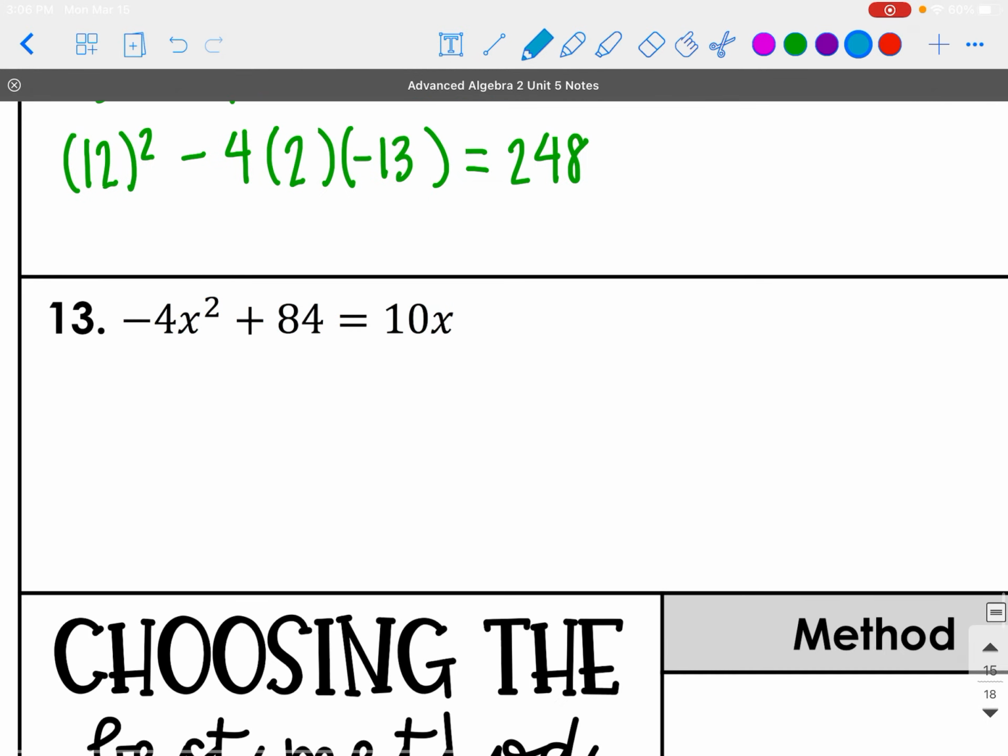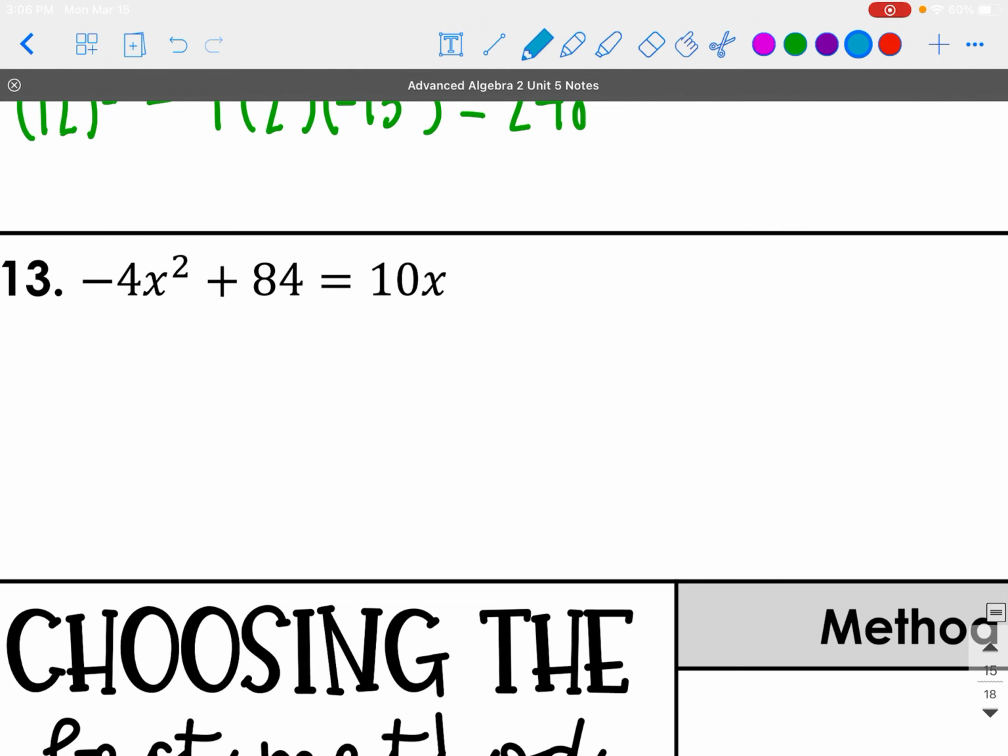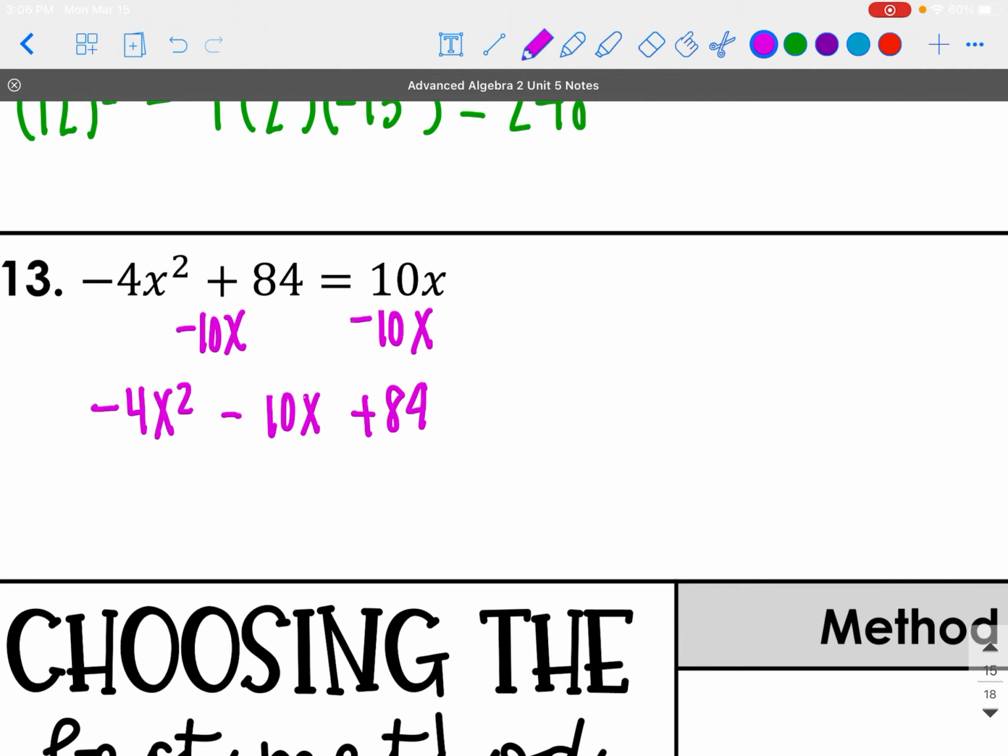Number 13, notice it's not equal to 0. So we need to subtract 10x from both sides. So we get negative 4x squared minus 10x plus 84 equals 0. It's important that you put the minus 10x in the middle. Your x is always in the middle.